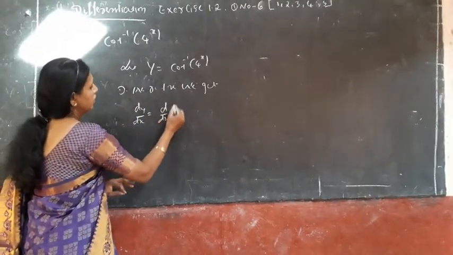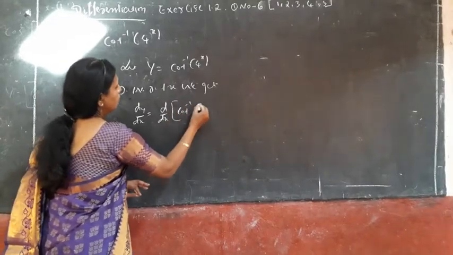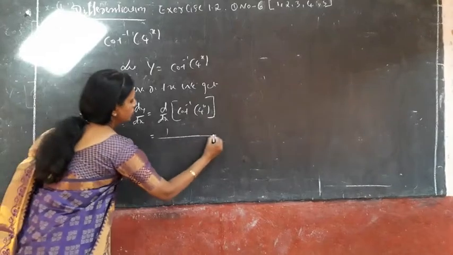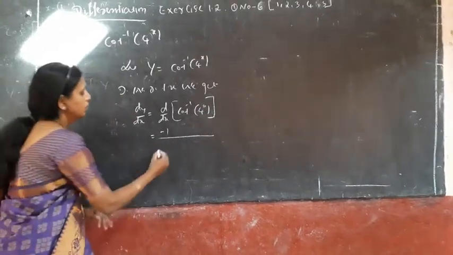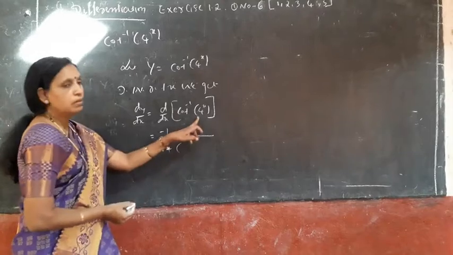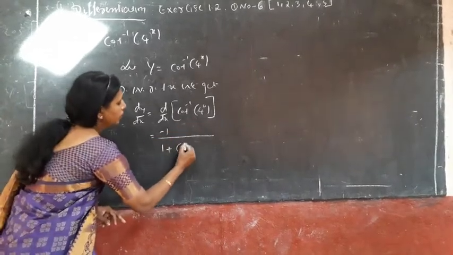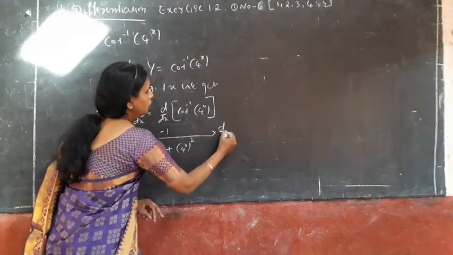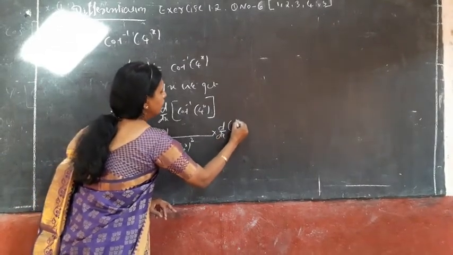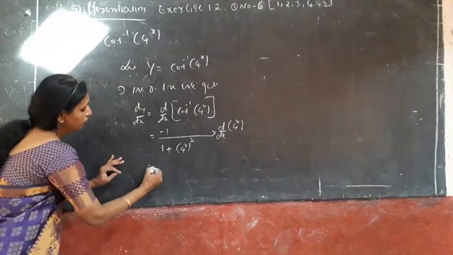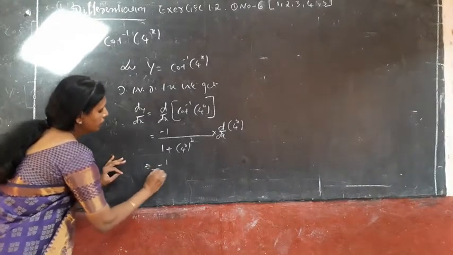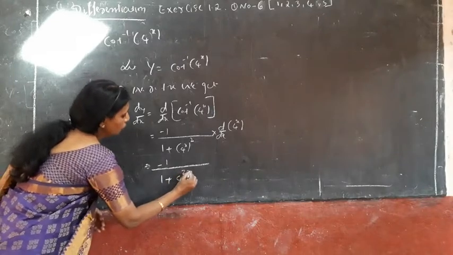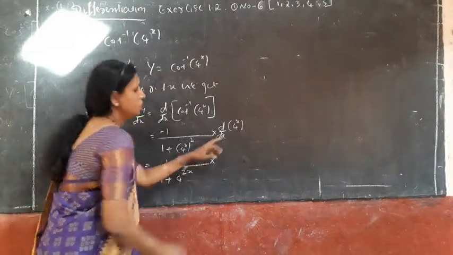We know that differentiation of cot inverse is minus 1 divided by 1 plus x square. Here 4 raised to x raised to square into differentiation of 4 raised to x. Therefore, this becomes minus 1 divided by 1 plus 4 raised to 2x into differentiation of 4 raised to x.